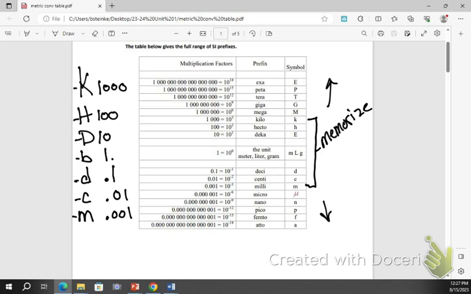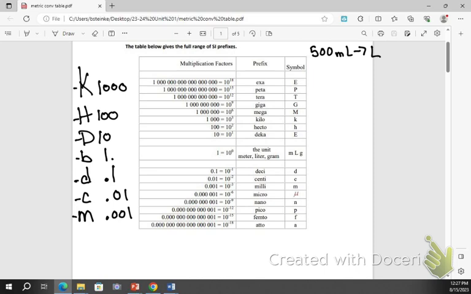So what do I mean by that? So let me get rid of this stuff over here. So what are you going to need to do and how to use these, right? So if I say I have 500 milliliters and you need to convert that into, let's say, liters. What I would need to see is all these steps of dimensional analysis, right?